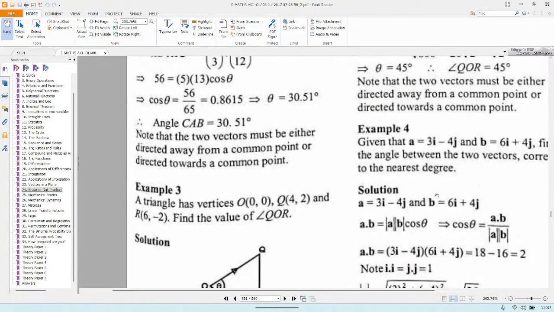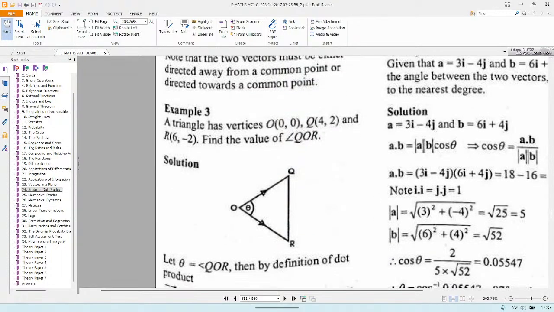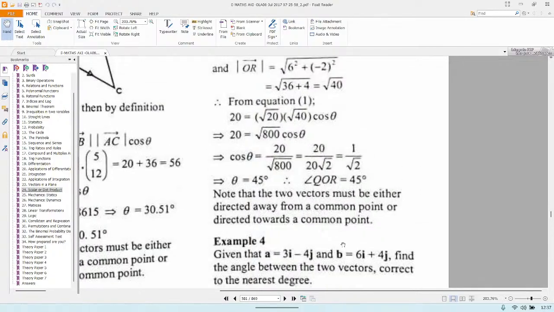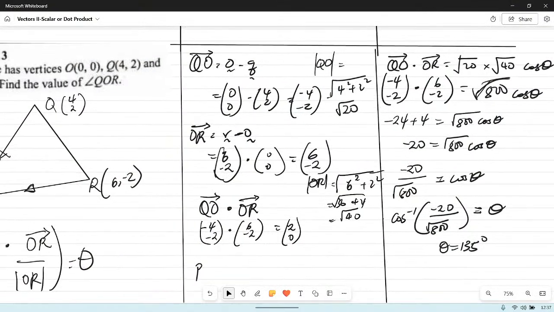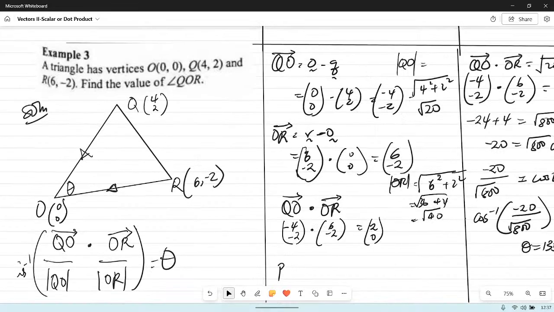It's because I used the convergent, not the divergent. See, in the book they use divergent. So preferably, I always prefer using divergent. This is way better.